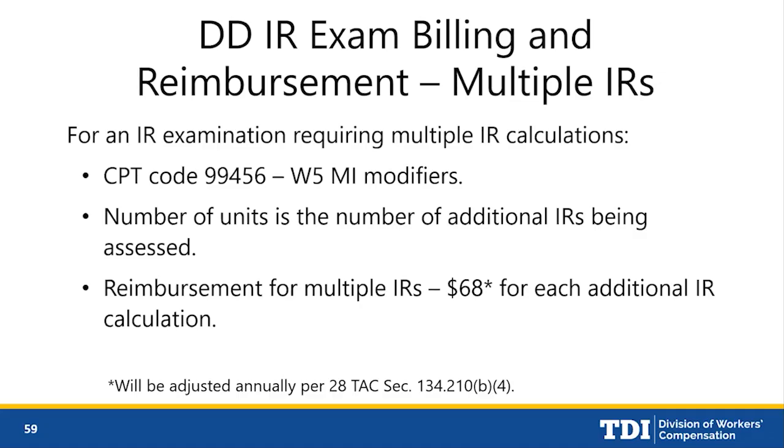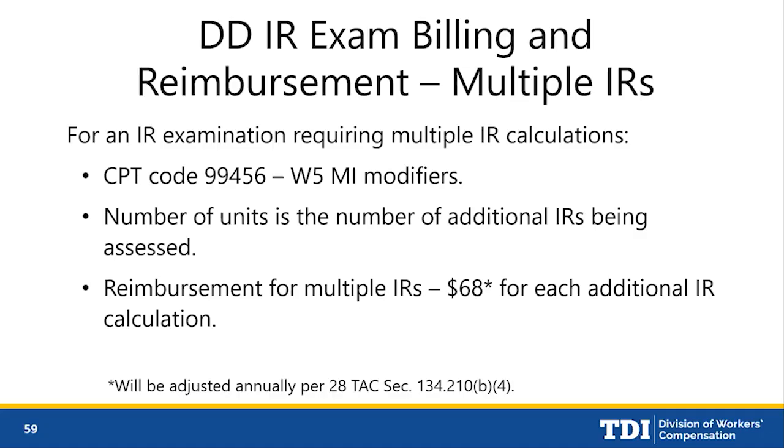So if the division asks the designated doctor to complete multiple impairments on one of those special orders called a presiding officer directive or a POD, that would be billed using 99456 W5, and then you're also going to add MI for the modifier. So you'll have W5 modifier and MI modifier.